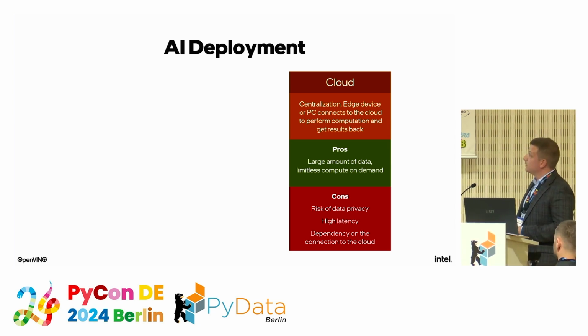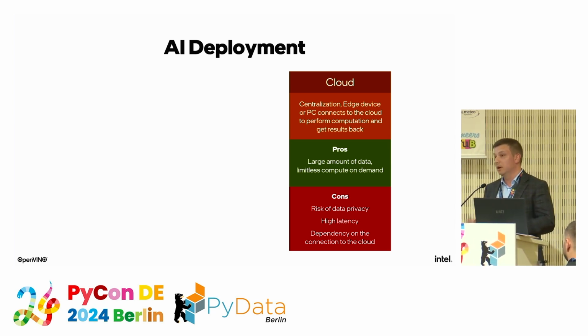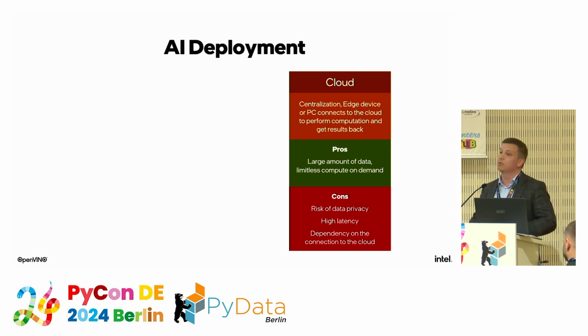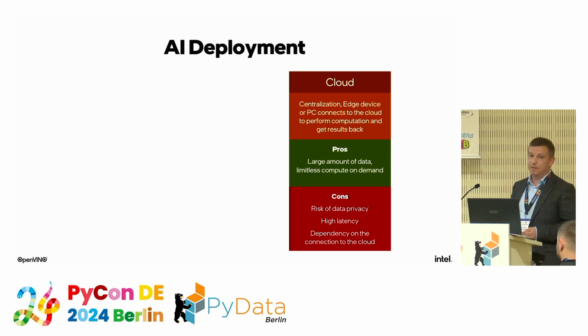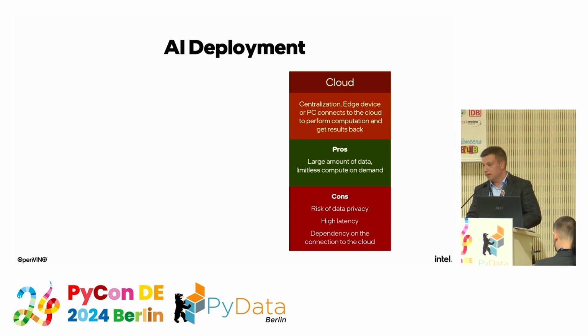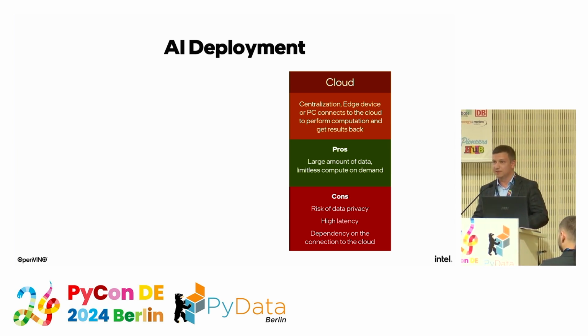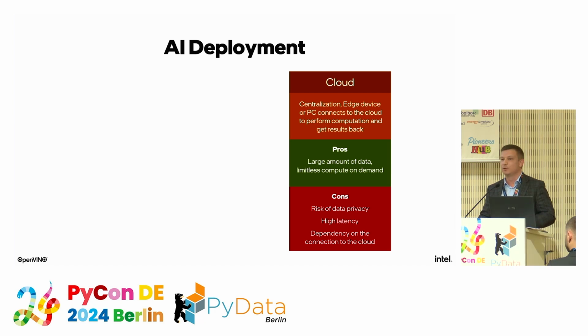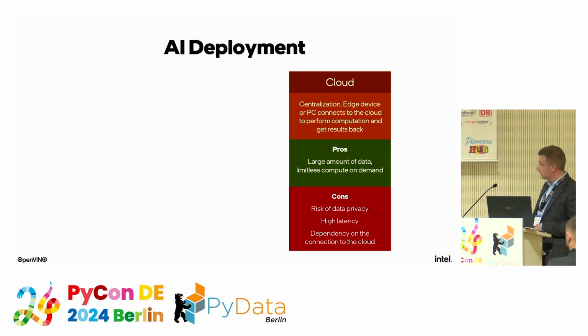And of course, there is dependency on the connection to the cloud. I may say it's maybe not a problem because we have internet everywhere, but I visited some tutorials and presentations at this conference, and that was not always the case.